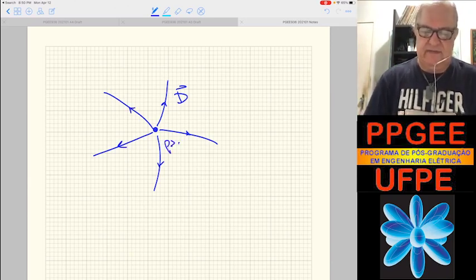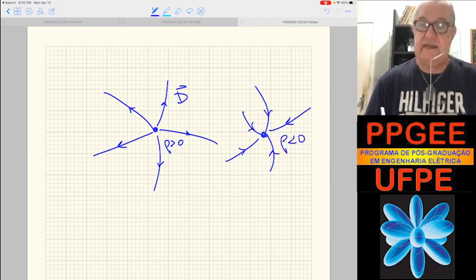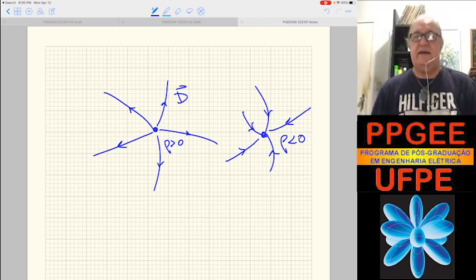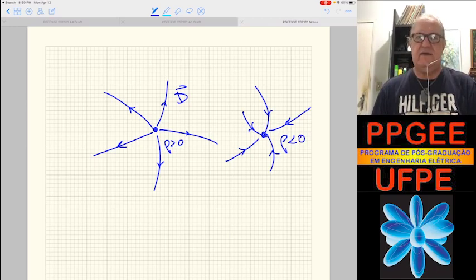So this is a positive density, or you can have field lines converging to the points. We have a negative density. So that's our interpretation, right? Divergence of D is a detector of the field source, which is the charge density itself.